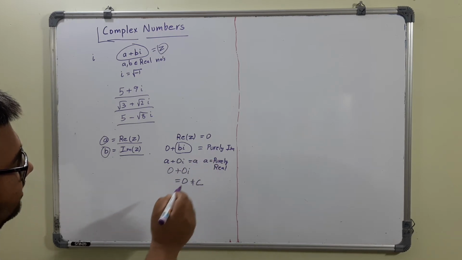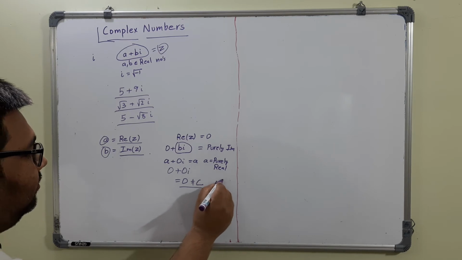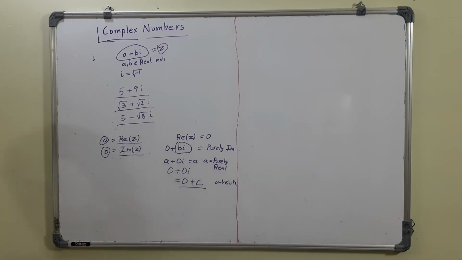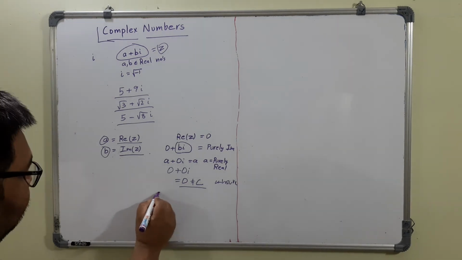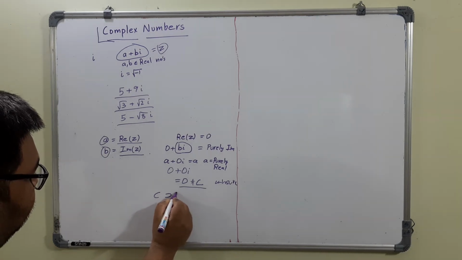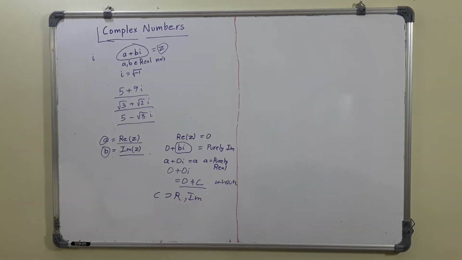Complex numbers contain real numbers and imaginary numbers both. So every real number is a complex number, and every imaginary number is a complex number, and every number in the form of bi is a complex number.